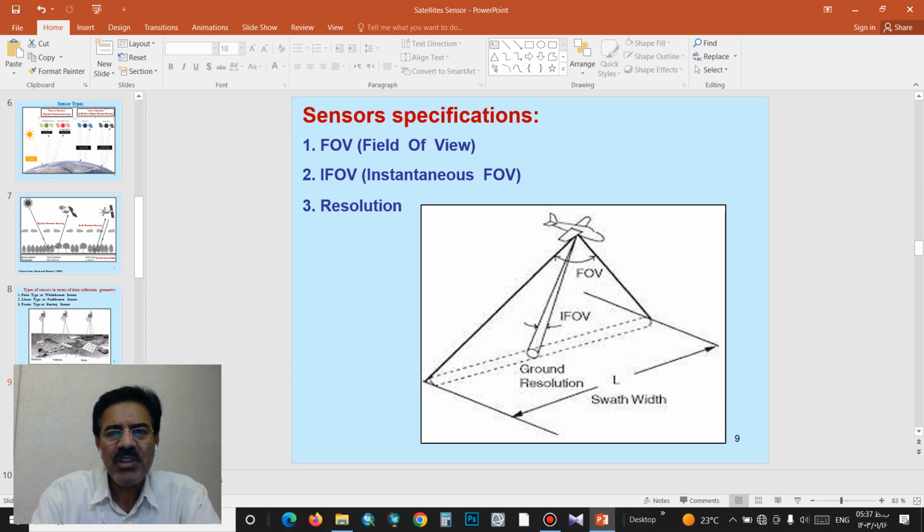Sensor specifications. In this slide, we can see 3 specifications. Number 1, FOV or field of view. Number 2, IFOV or instantaneous field of view. And number 3, resolution.